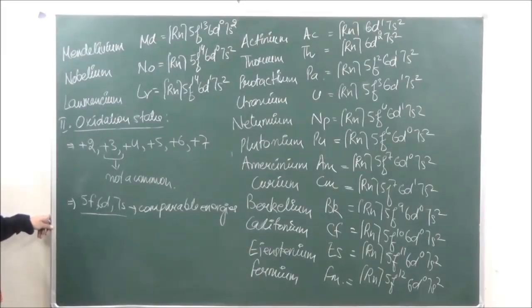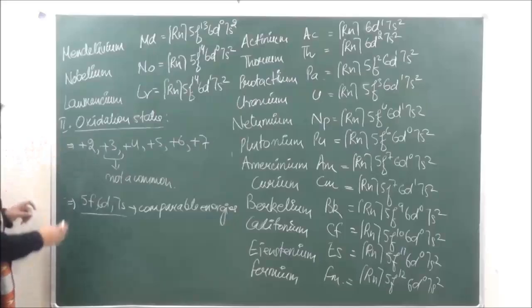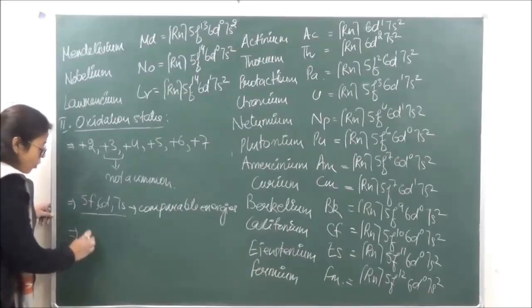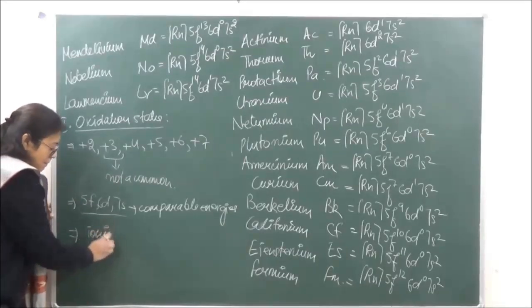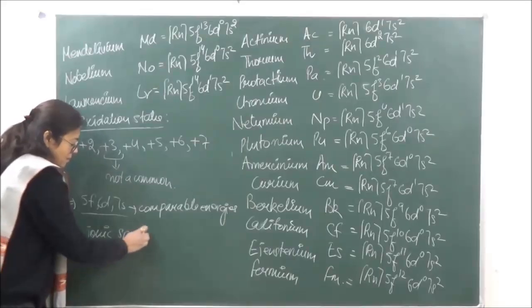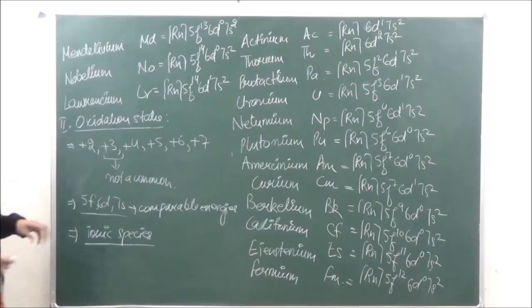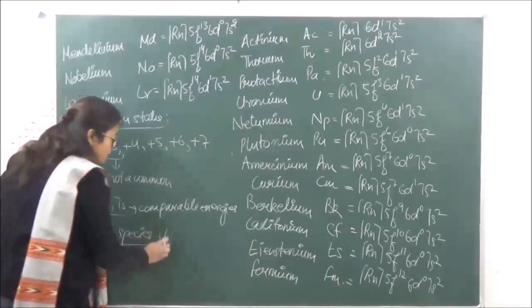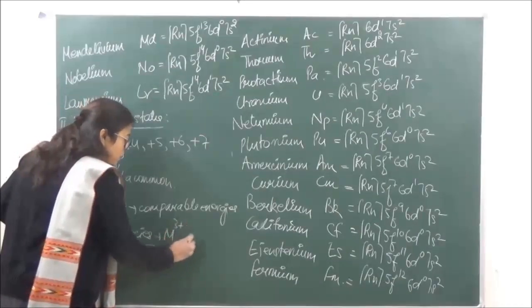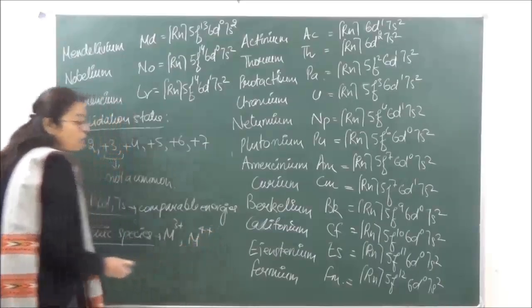That is the reason why it is showing so many variable oxidation states. Now, when we are talking of the actinoids, they preferably form ionic species. And the ionic species which are most common are going to be M3+ and M4+.